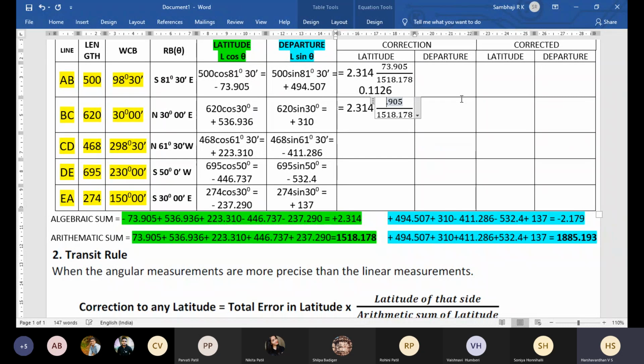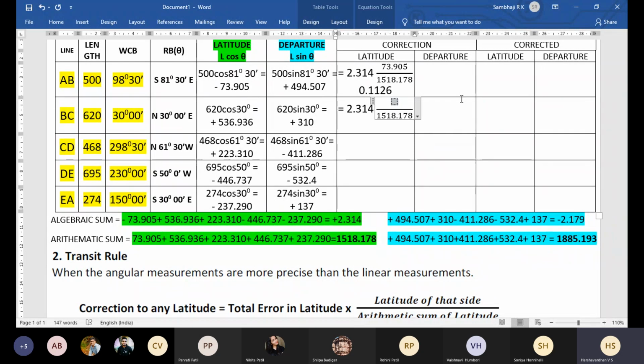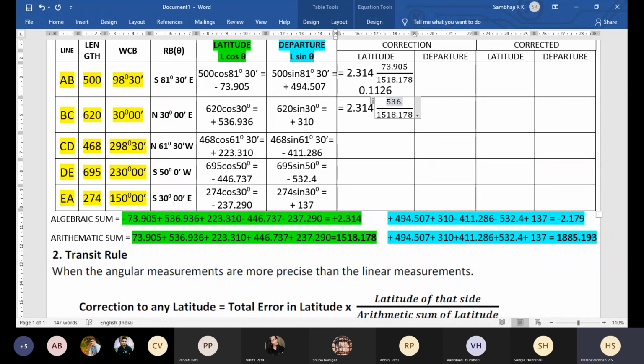Latitude of that line is 536.936. The answer is 0.8183.